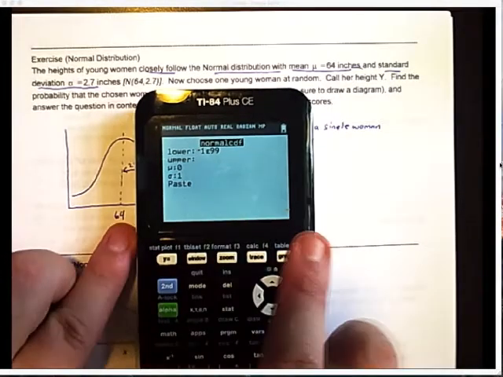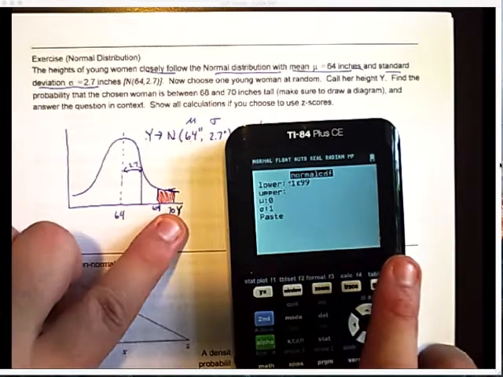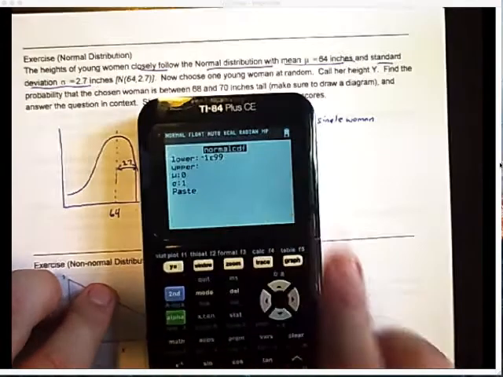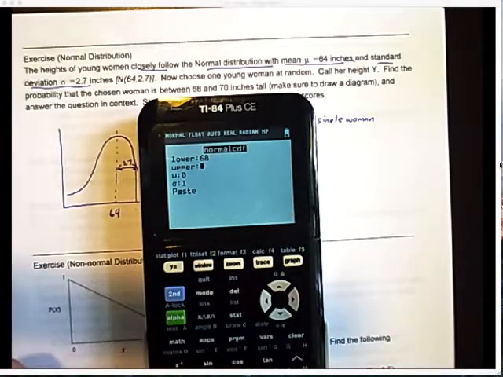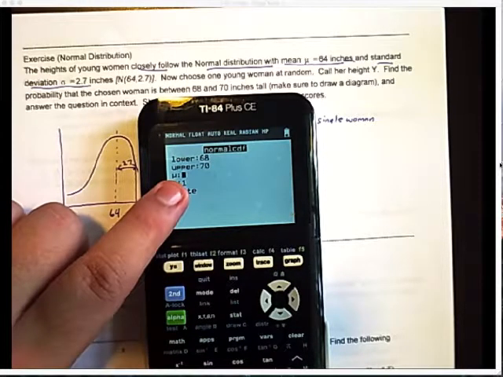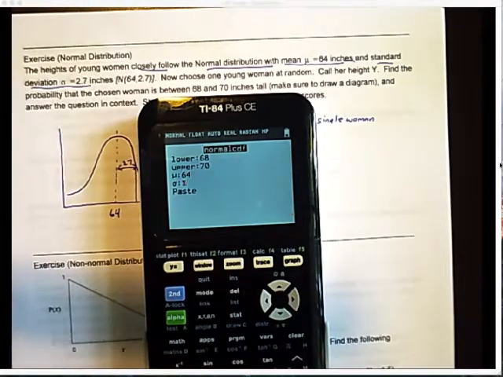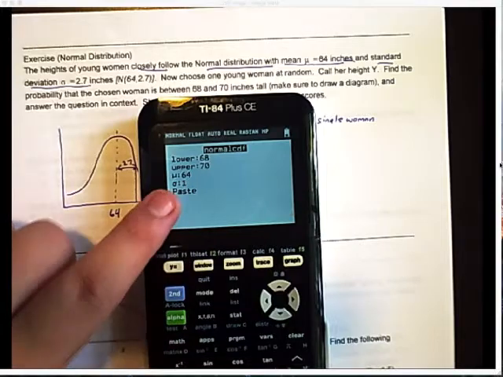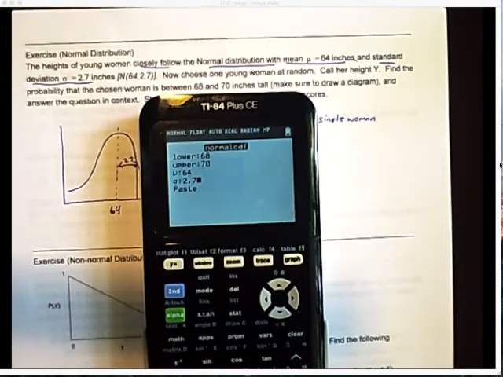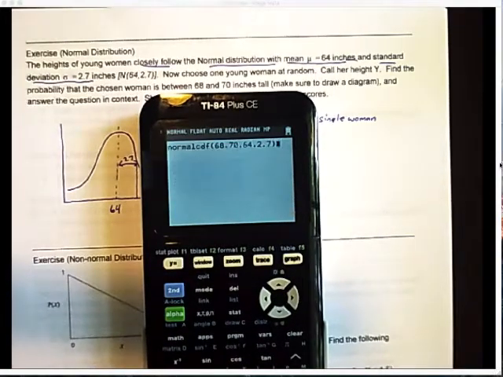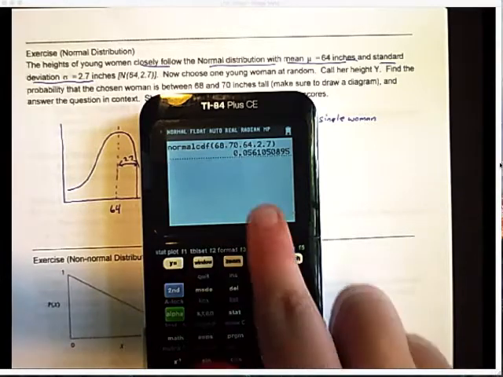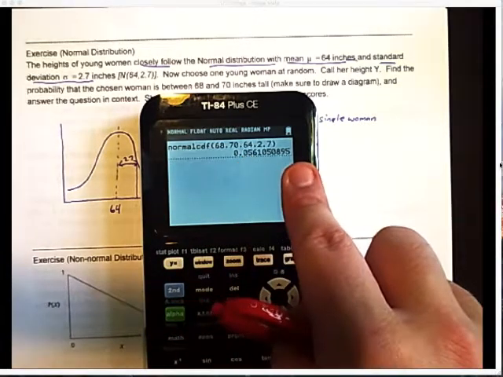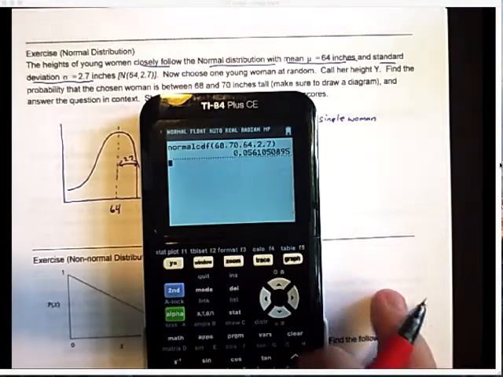What's the lower bound of the area? 68. What's the upper bound? 70. So I'm going to put that in for lower and upper. What's the mean of this distribution? Well, it's 64. What's the standard deviation? It's 2.7. And I hit paste, and there we go. It gives me the probability right away. 0.0561.